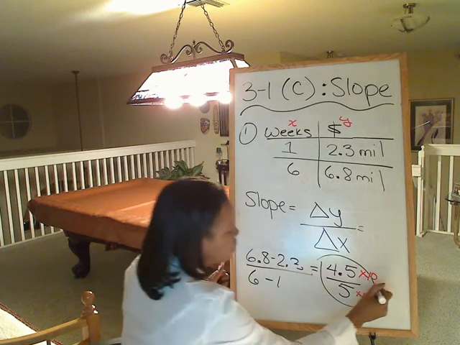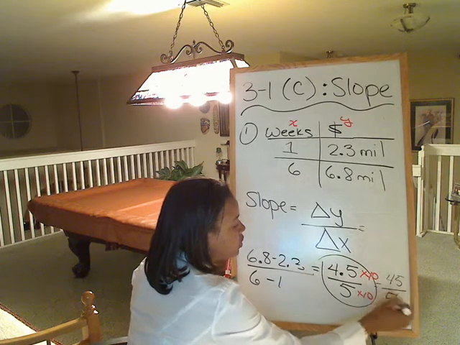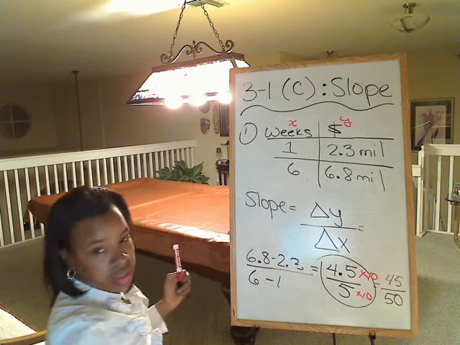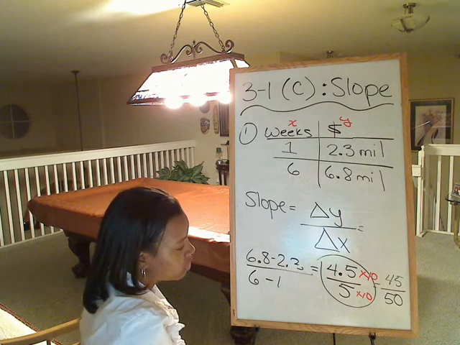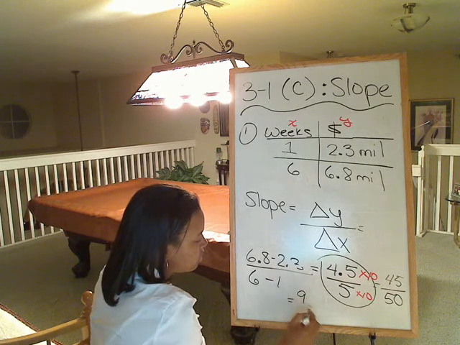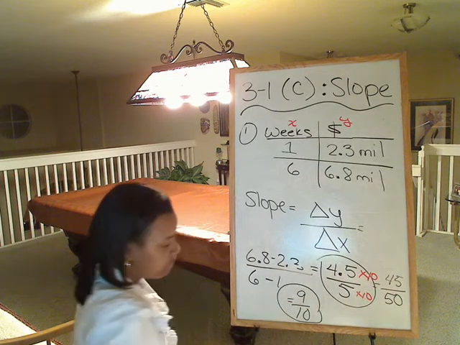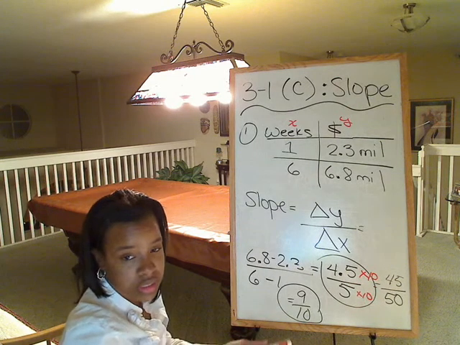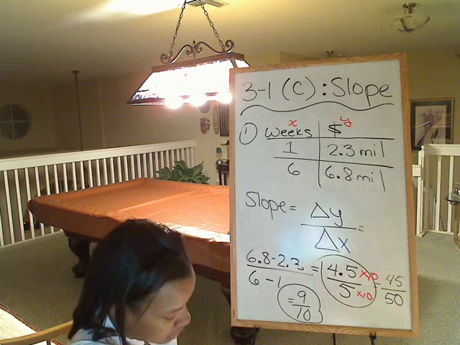And we would get 45 over 50, right? And we can simplify 45 over 50 to divide 45 by 5, and you get 9. 50 divided by 5, you get 10. So that's your final answer, 9 over 10. I'm just going to double check it in the back of the book.